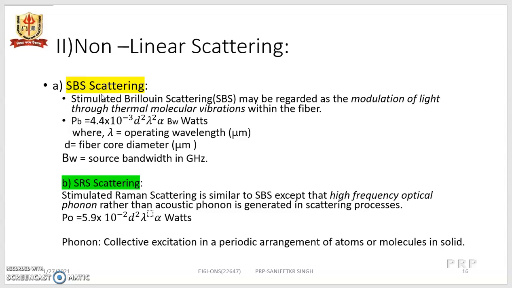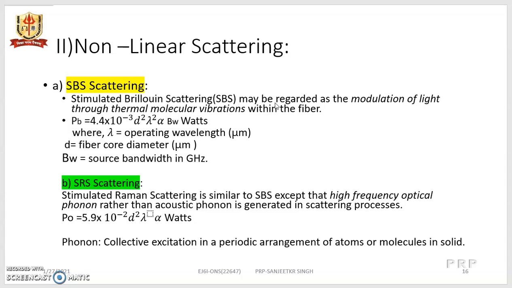SBS is the stimulated Brillouin scattering, and this SBS occurs when the incident optical power at input of the single mode fiber is progressively modulated along the traveling path by thermally vibrated molecules.